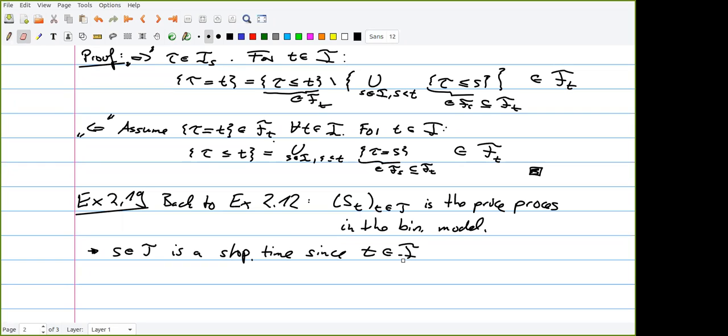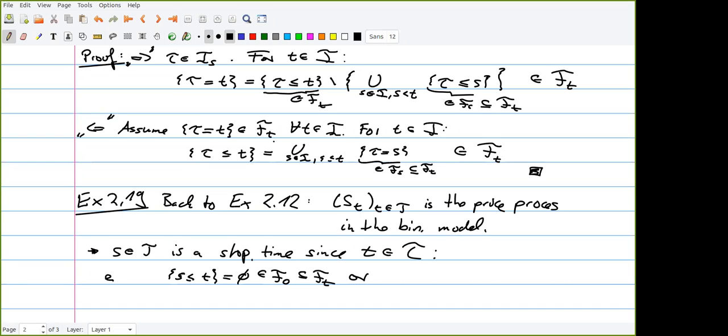So if I take any t in the index set, what do we know? Either t is less than s, then we have the trivial case, the empty set, which by the definition of a sigma algebra is in F0, and in particular in Ft.